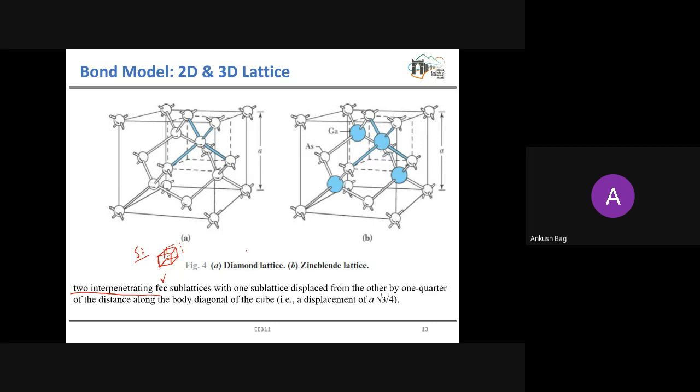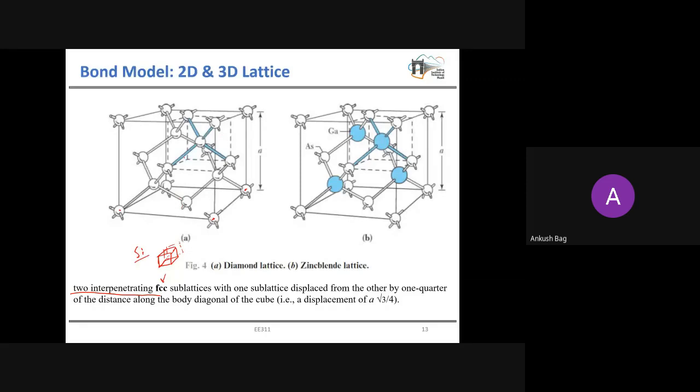Now, silicon has this crystal structure. That means these are all silicon atoms. Similarly, we also need to understand how many atoms are there in a particular cube, so then we can calculate the total number of silicon atoms per centimeter cube.